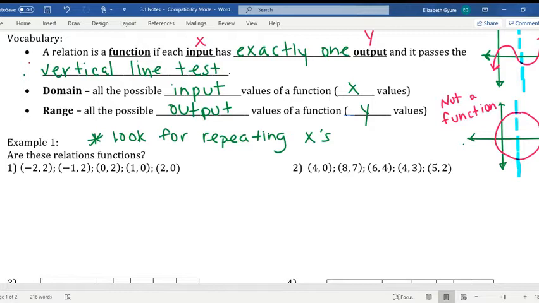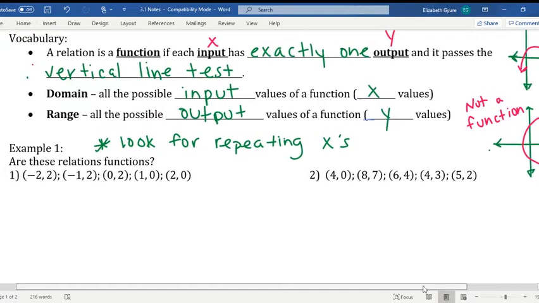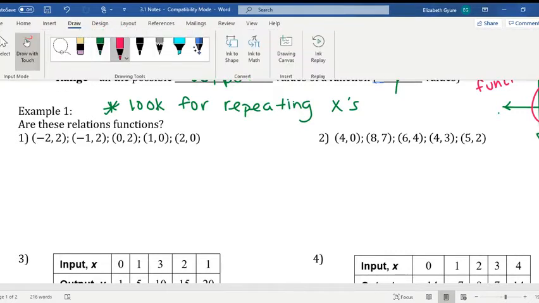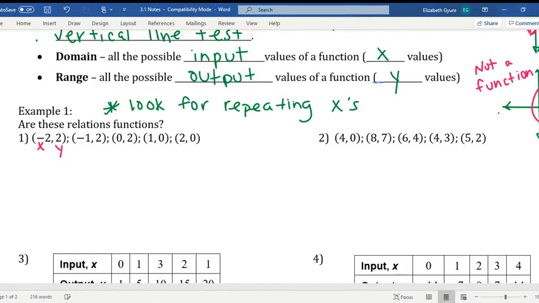Okay. So if you take a look at example 1 here, these are all little coordinate points. Remember, when you have a coordinate point, this first number is your x and this second number is your y. So for each one of these, the first one is an x, the second one's a y. Okay?